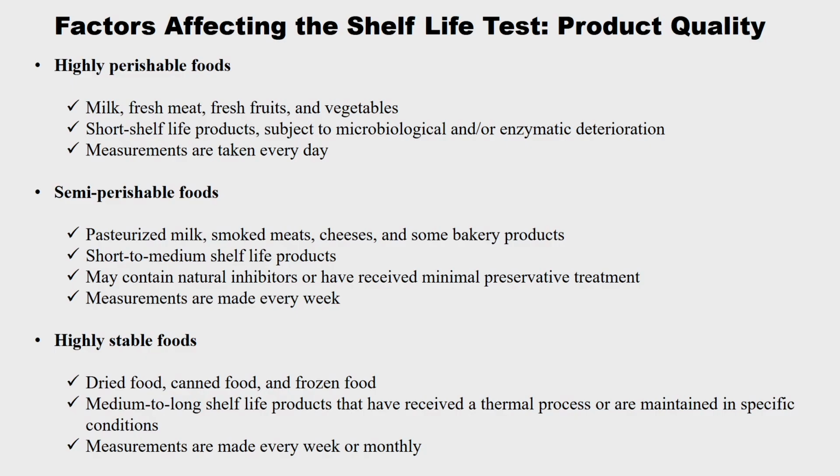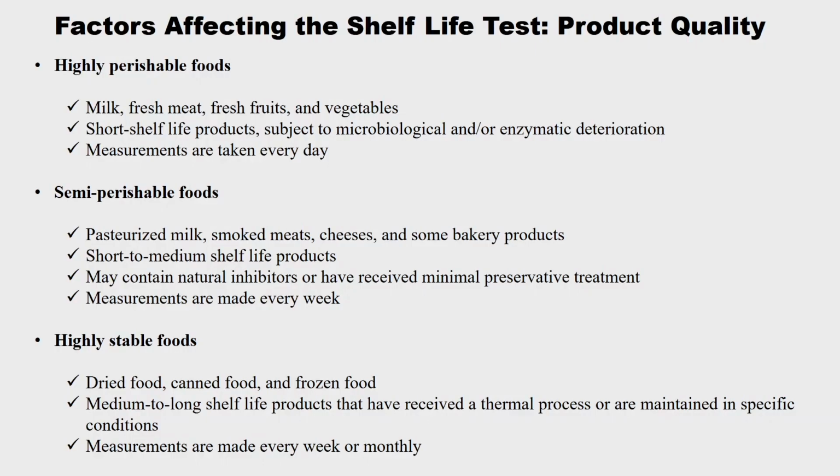The first one is the product quality. So, based on the product quality, there are three varieties of food. One is highly perishable, the second one is semi perishable, and the third one is highly stable food. Perishable foods such as milk, fresh meat, fresh fruits and vegetables all come under the category of highly perishable food. They are called short shelf life products, as I told.